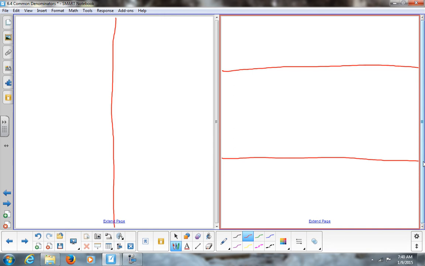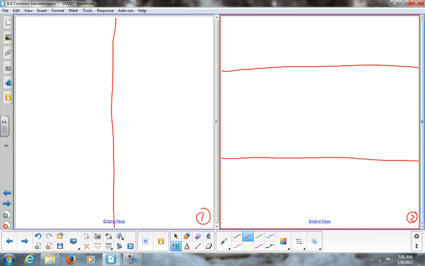You can try folding your paper. How can you fold these papers to make them the same? Well, I'll give you a hint. This one right here, number 1, is folded hot dog style, right? Lengthwise, so the line's going up and down through the page. And the second piece of paper over here is folded across from left to right.